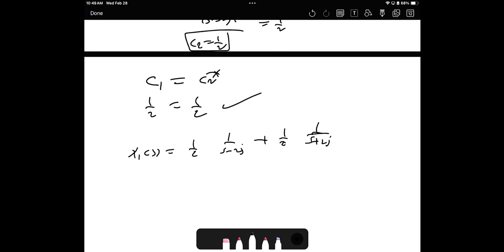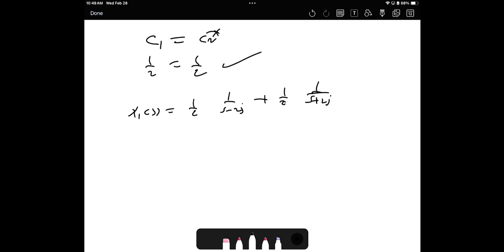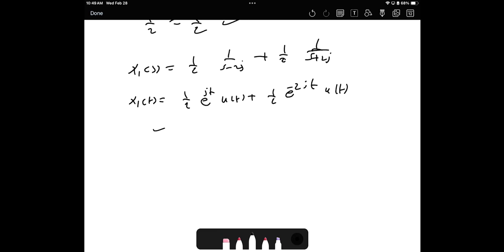Then in order to find x of t, x1 of t will be 1 over 2 e power j2t u of t plus 1 over 2 e power negative j2t u of t. I can take u of t as a factor.